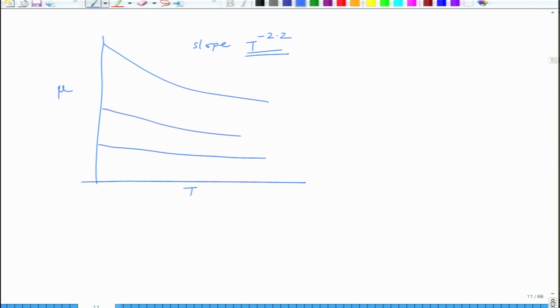So you can say this is increasing dopant concentration. Dopant concentration leads to a reduction in mobility, and temperature also tends to lower the mobility.